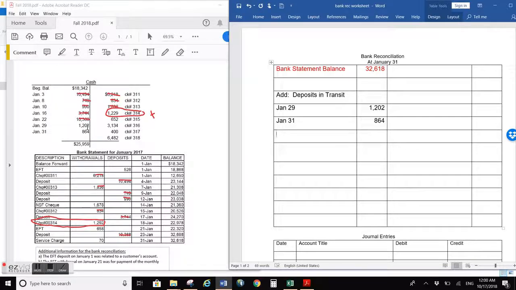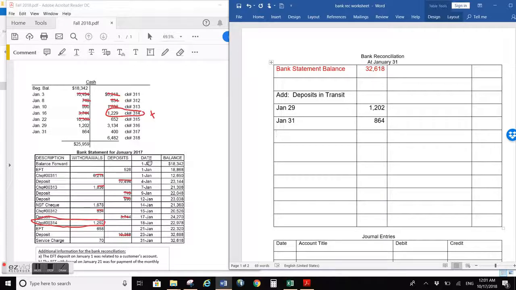For this deposit in transit for January 29th, we've got the money, we made the journal entry. The thing is, there's a timing difference between when we got the money and when the bank actually gets the money. You can assume that we got the money during the weekend. February 1st is Monday. Monday's when the bank will actually record the transaction on their end, which will come through on the February bank statement.